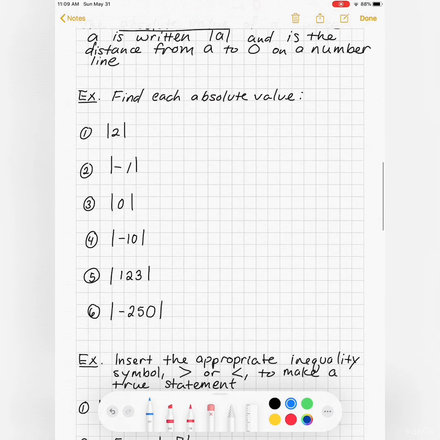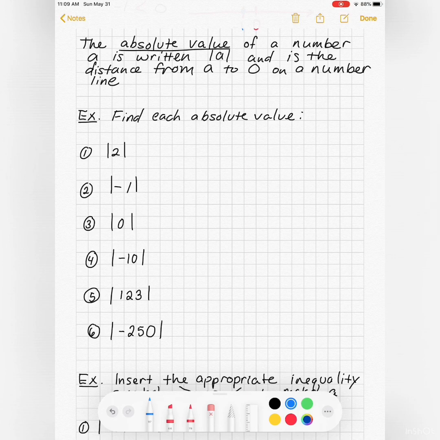Here's the next little definition. The absolute value of a number A is written absolute value of A and is the distance from A to 0 on a number line.